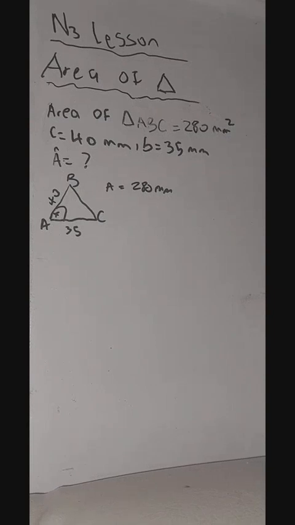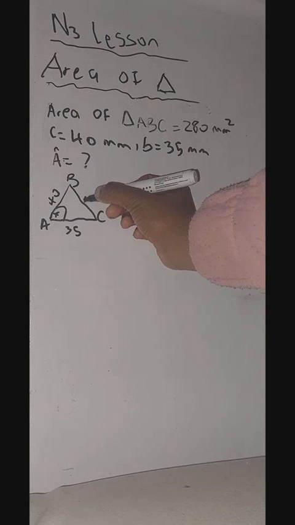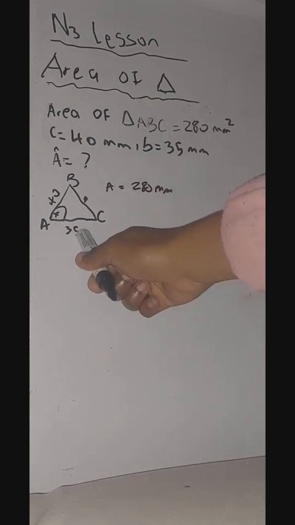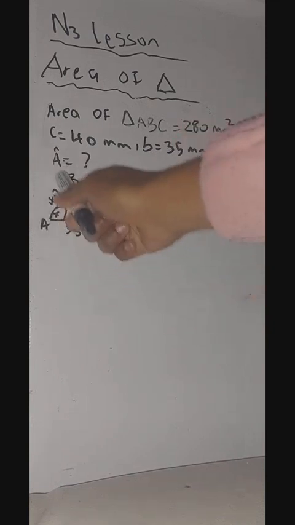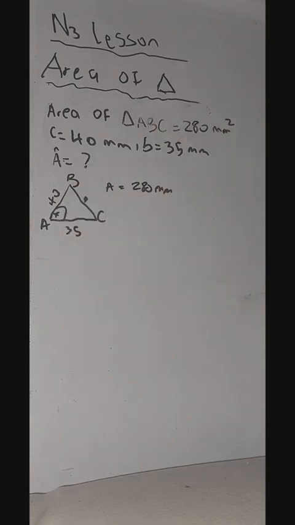So what can we do? The first thing we can do is to look for side A, because we have none of the angles inside.